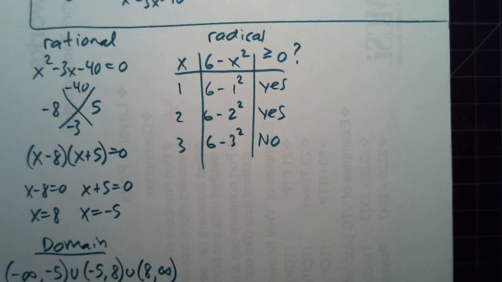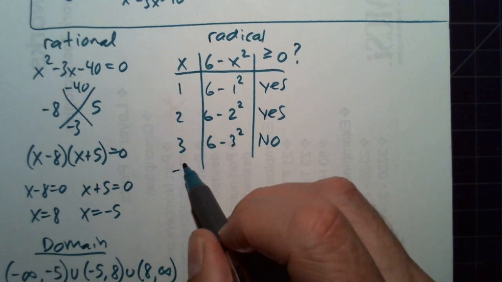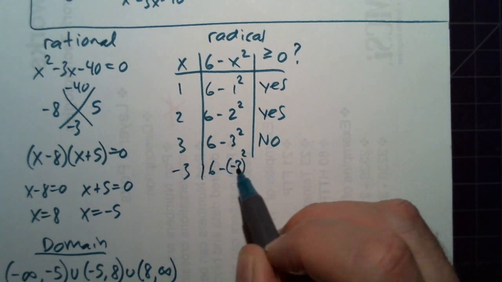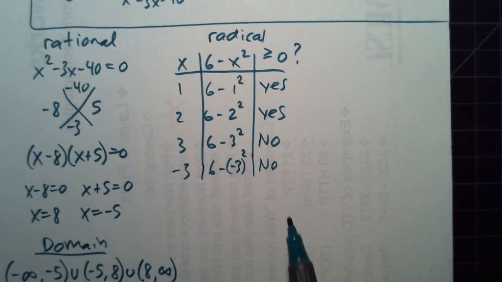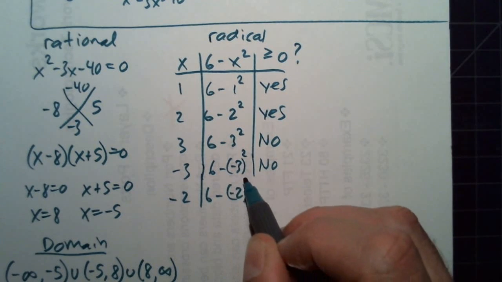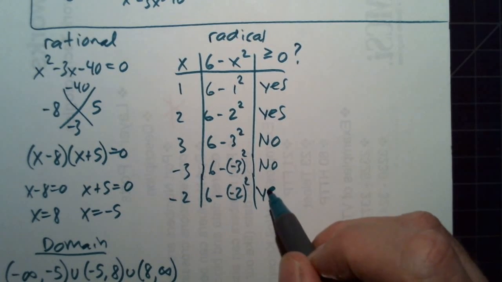And if we keep going, what if we try some negative numbers? Negative 3, 6 minus negative 3 squared, 6 minus 9, that's negative. It's not in the domain. Negative 2, 6 minus negative 2 squared, 6 minus 4 is positive, and that is in the domain.